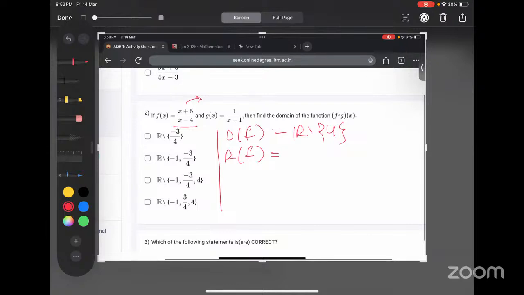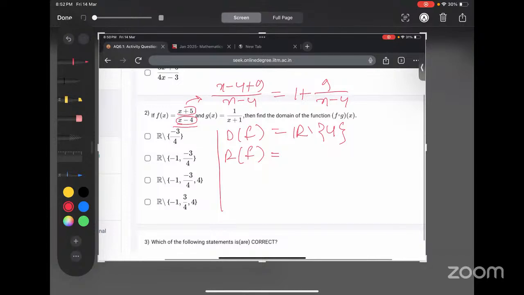So we have to adjust this. So we can write it as x minus 4 plus 9 by x minus 4, right? Then 1 plus 9 by x minus 4. The same thing I did for the previous problem. So we have to do this type of thing. Okay.